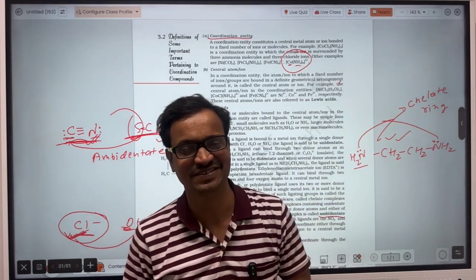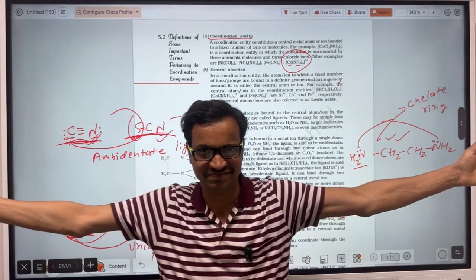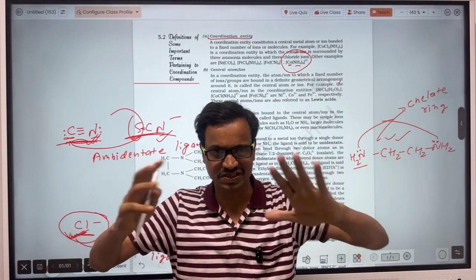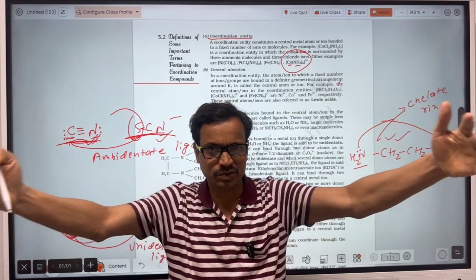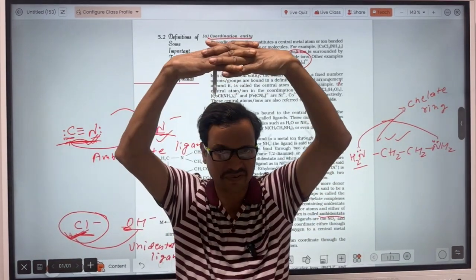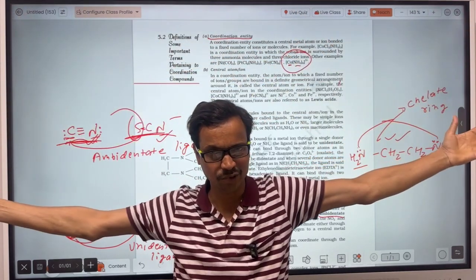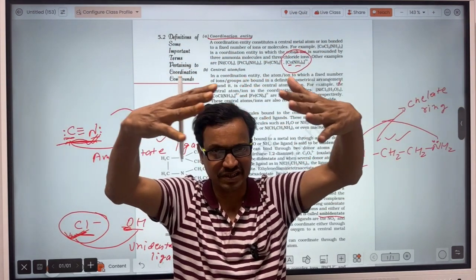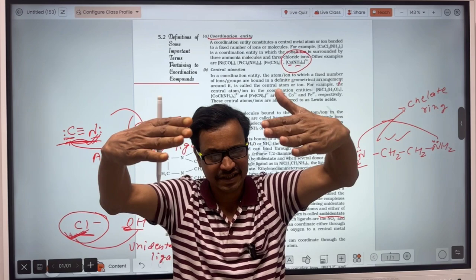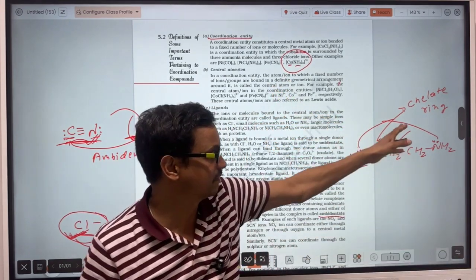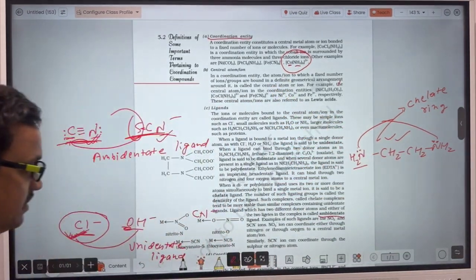Suppose this is my hand. When both get joined, there will be formation of a ring, and that ring will be called a chelate ring. Initially, both are free. When both get bonded at a place, there will be formation of a ring. That ring is called a chelate ring.